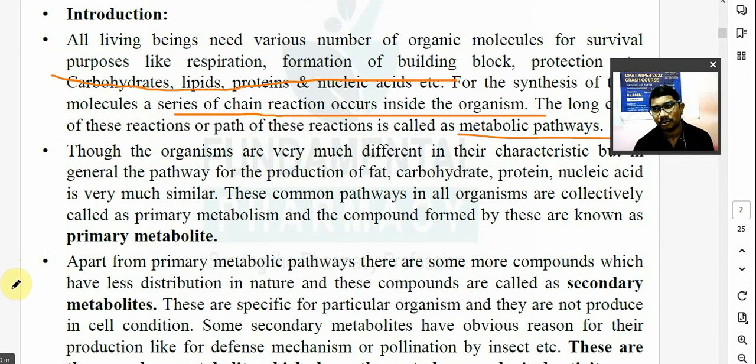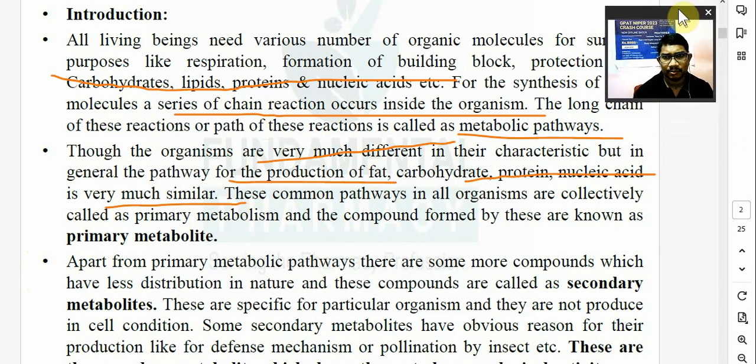These common pathways in all organisms are collectively known as primary metabolism. ये जो pathway होते हैं इनको बोलते हैं primary metabolism, and the products which are formed in the primary metabolism are known as primary metabolites.